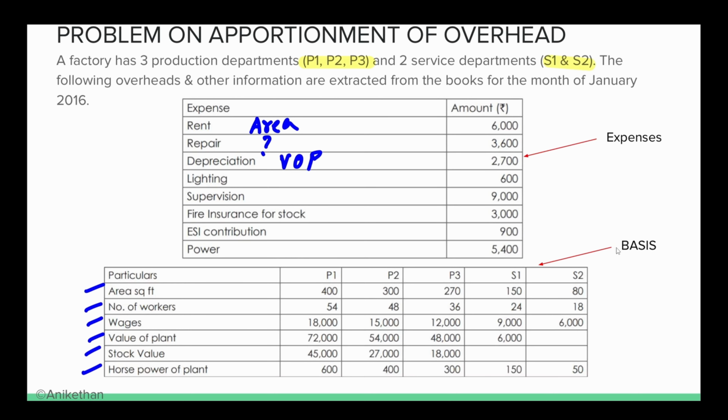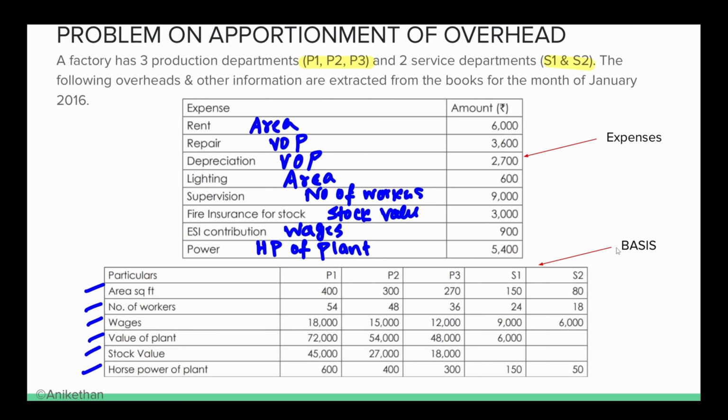Lighting, if they have given light points, but light points are not given, so here I will take area again. Supervision, number of workers. Fire insurance of the stock, it is very easy, stock value. Then ESI contribution will be on wages, not number of workers. Power will be HP of plant. So repair will be based on value of plant.